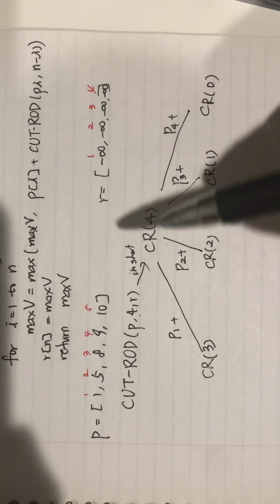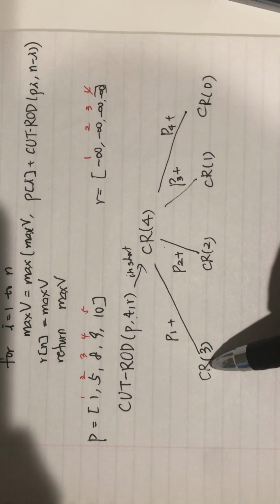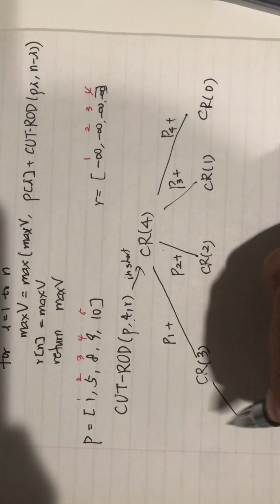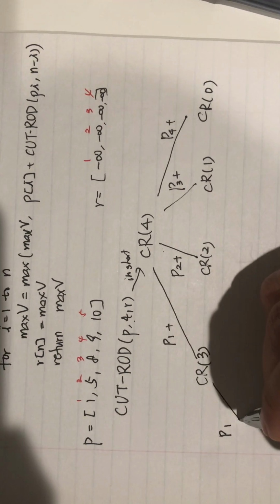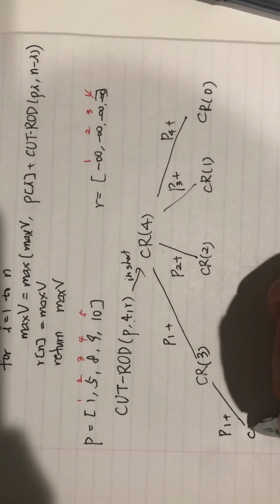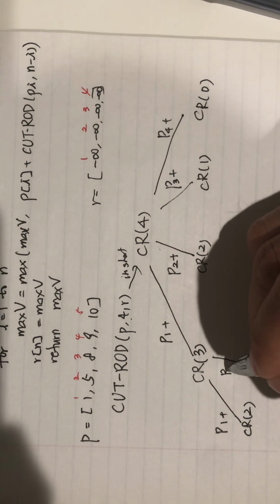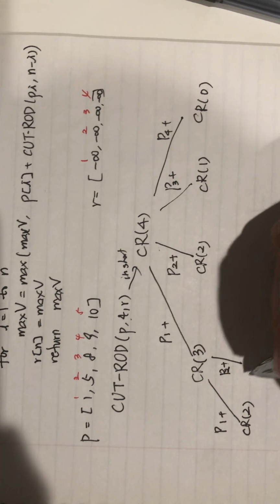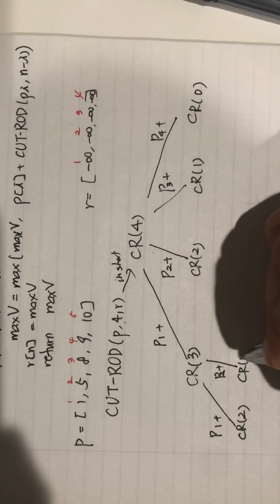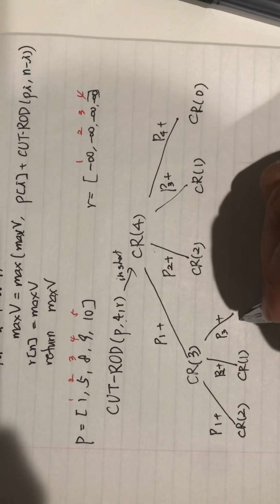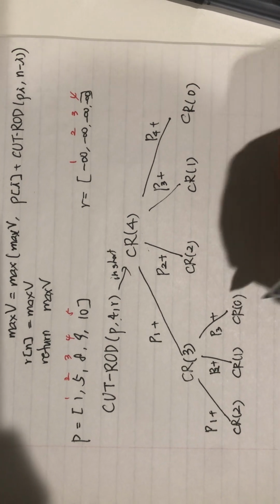CL4, you don't have the value, go down. CL3, you don't have the value, go down. 1 inch cut option plus CL2, 2 inch cut plus CL1, and then 3 inch cut plus CL0.